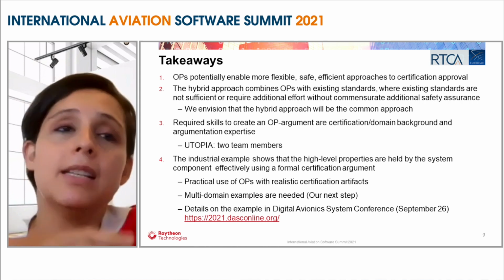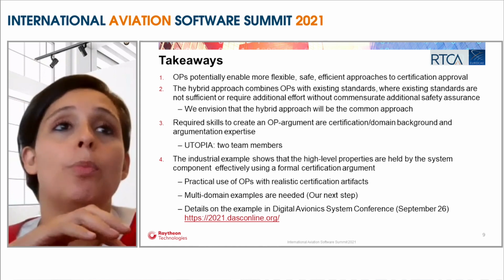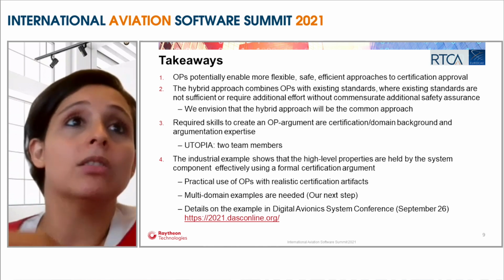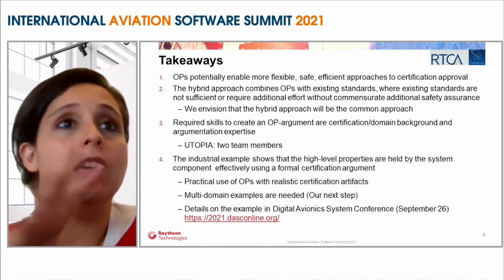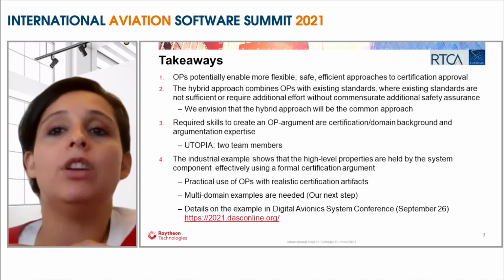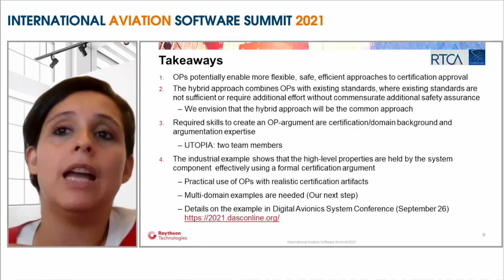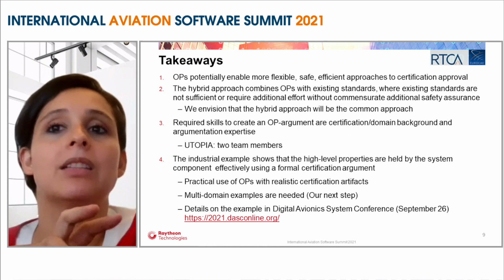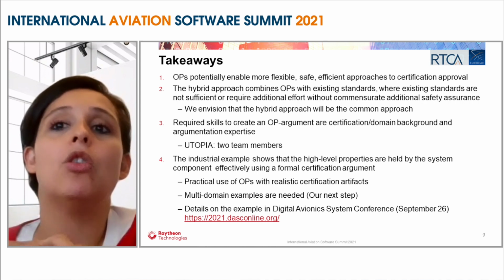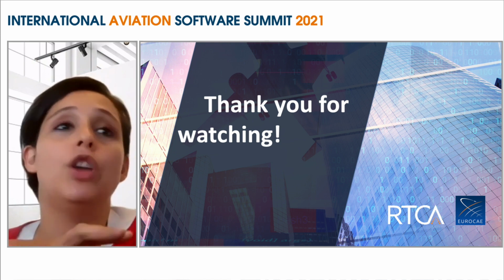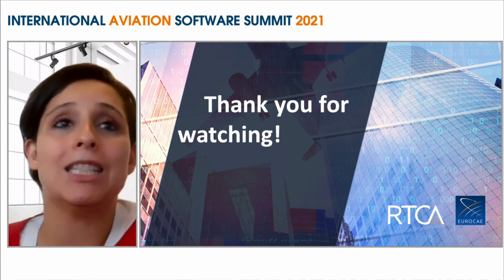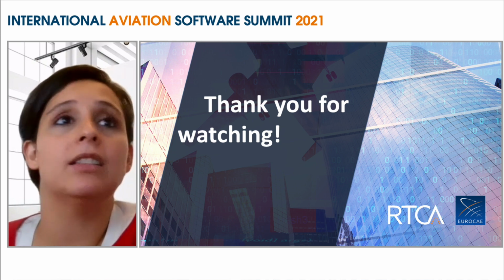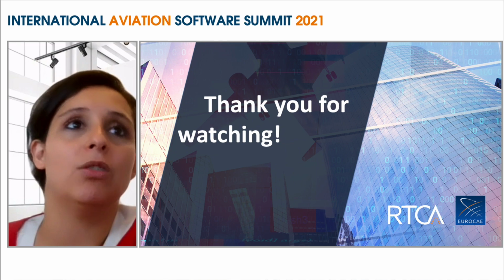This example only used OPs for a software component, which was nice, because you can see very well how to use it. However, we are currently working on another industrial example that combines systems, software, and safety aspects in an argument. And we think that is also a nice property of the OPs, because you can combine different aspects into the same argument. I think that's pretty much my presentation, and I'm happy to answer any questions in the chat.